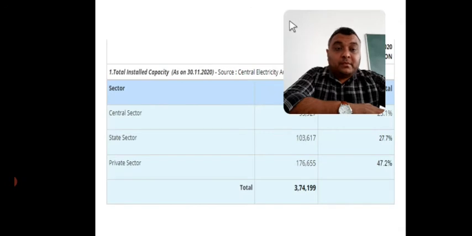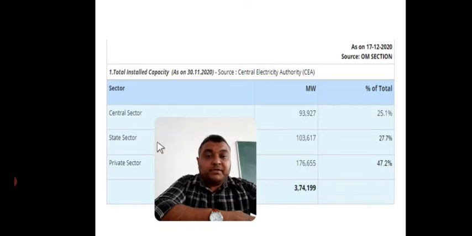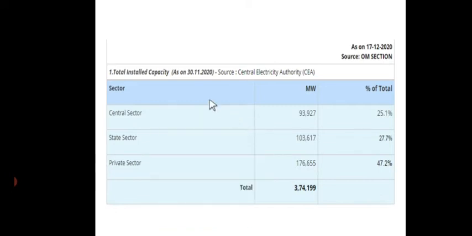Here some comparison is given. We can see the total installed capacity.